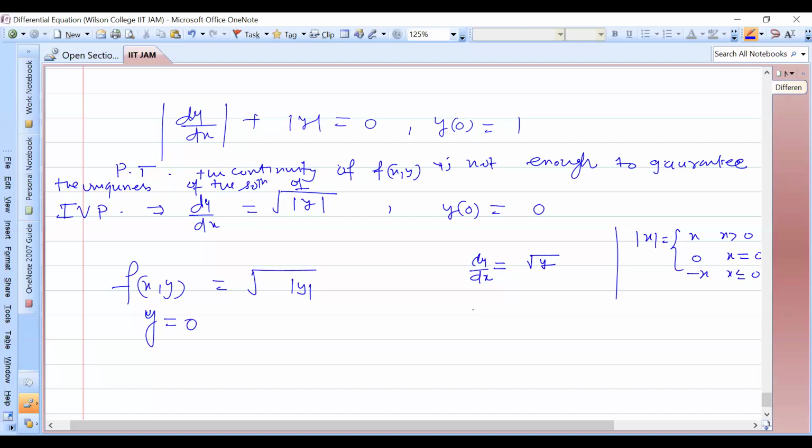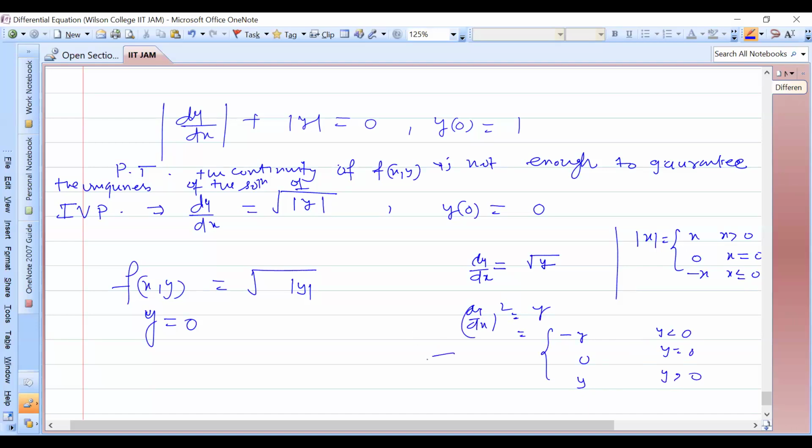It can be written as (dy by dx) whole squared equals y, or we can say this is minus y for y less than 0, 0 for y equals 0, and plus y for y greater than 0.